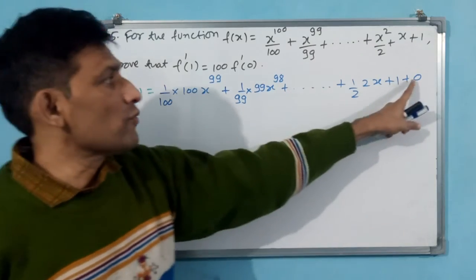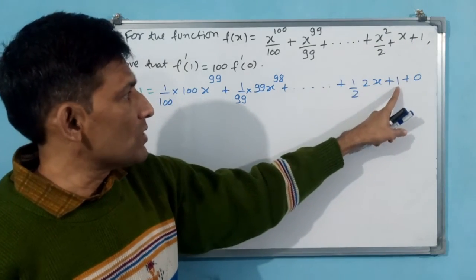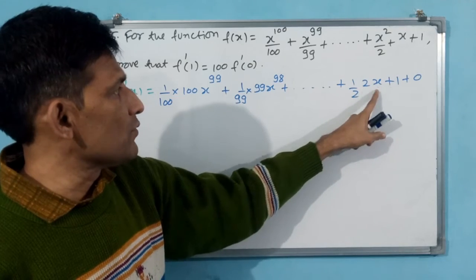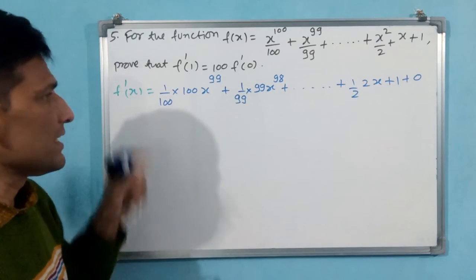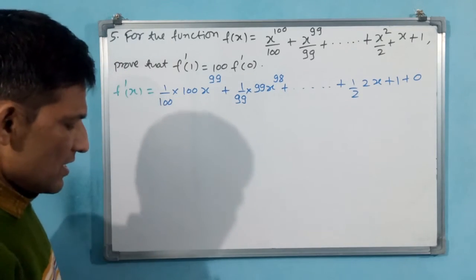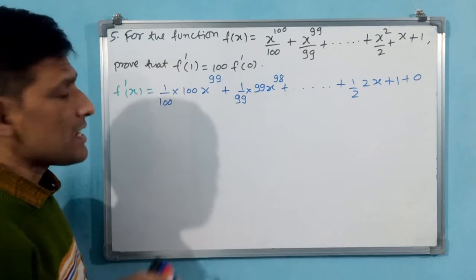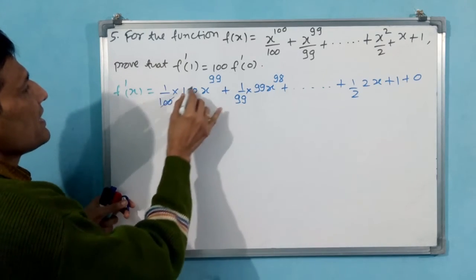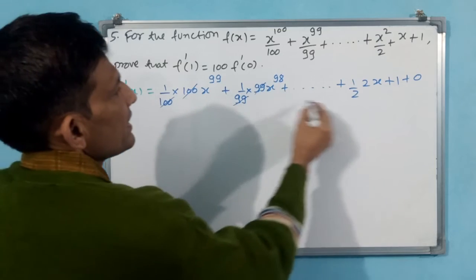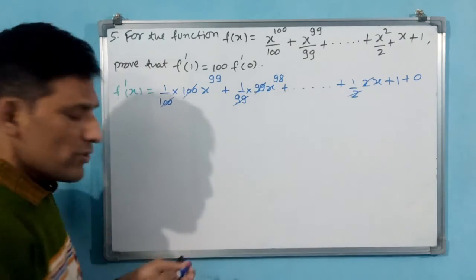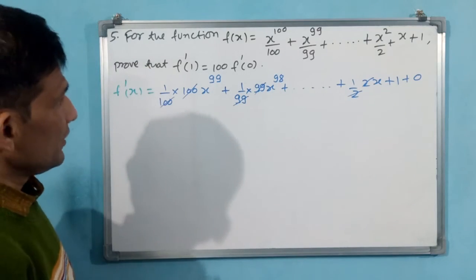Okay? If you understand this, then you can get the answer easily. Now you see, 0 you forget. Now total 100 terms are there. You see 1, 2, like this up to 100. But see logically, what is happening? 100 and 100, 99 and 99, 2 and 2, like this are going to get cancelled. That you keep in your mind.